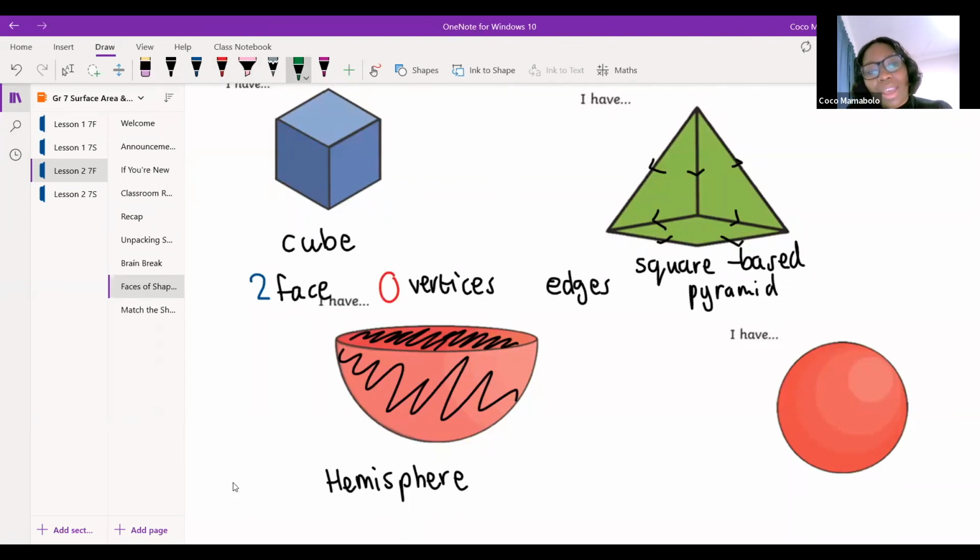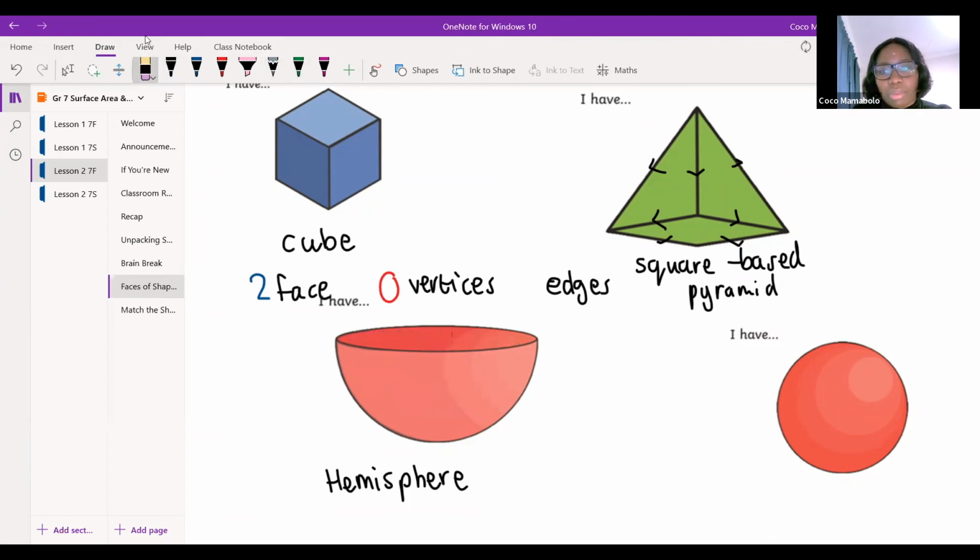How many edges do I have, guys? This is a tough one. Okay, so if I draw my edge over here, this whole thing is already part of my edge. The whole thing going around is 1 edge.